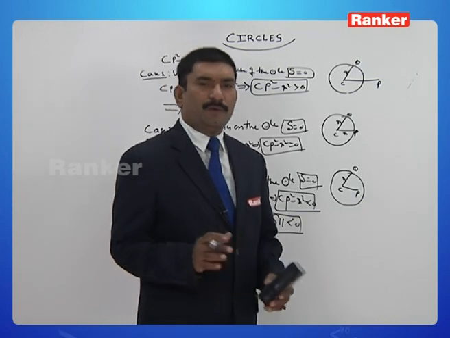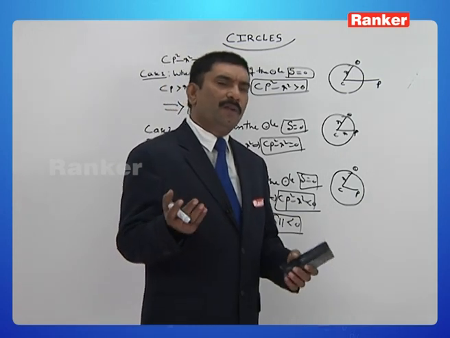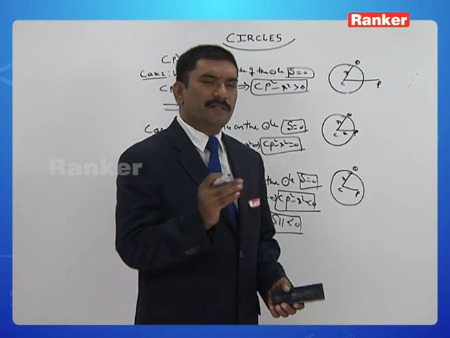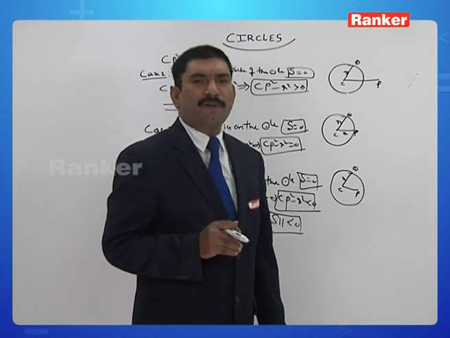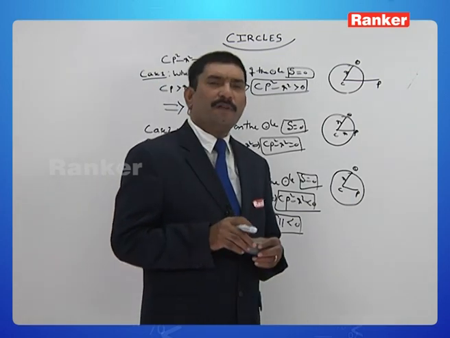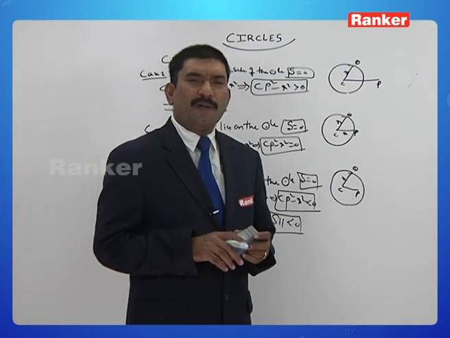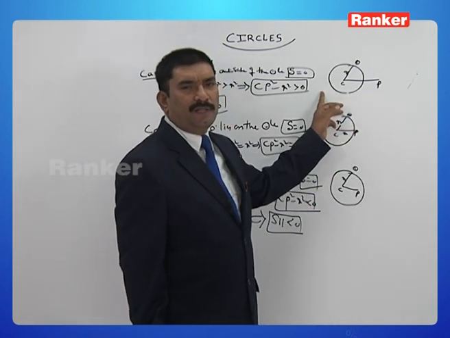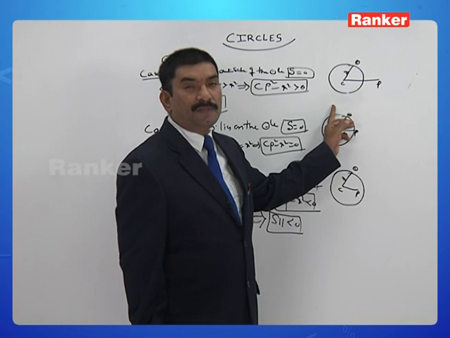After knowing the position, another definition, which is quite near to this one, is power of a point. What is power of a point? The power of a point can be defined as: let P be a point in a plane, C be the center and R be the radius of a circle.